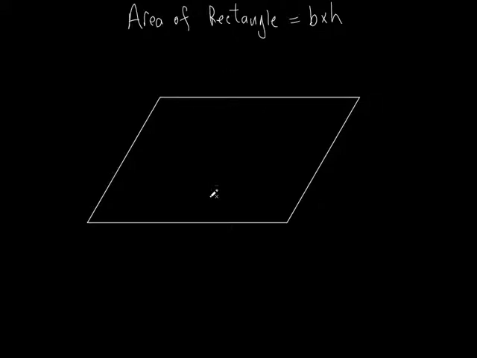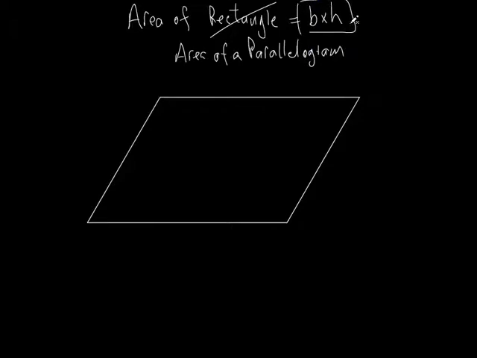It's a parallelogram. And so how do I find the area? It's not just of any old rectangle. It's the area of a parallelogram. So this formula right here doesn't just work for a rectangle, it works for any parallelogram. Okay, so the area of a parallelogram is what? The base times the height. I'll just put BH next to each other.